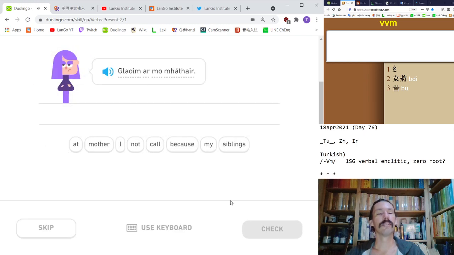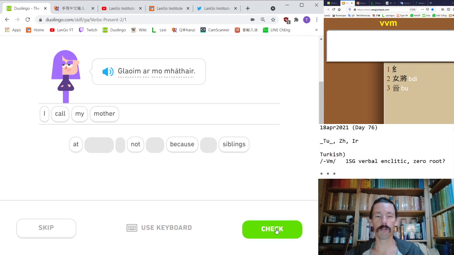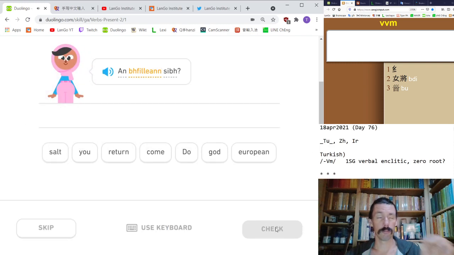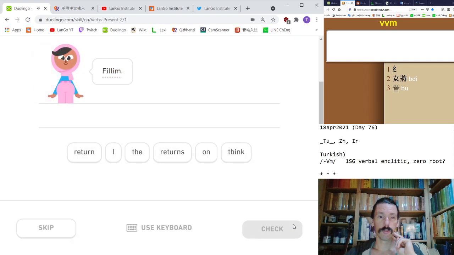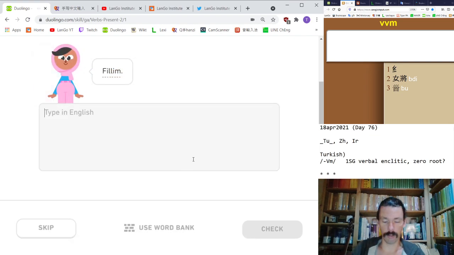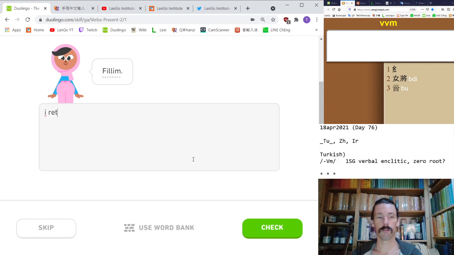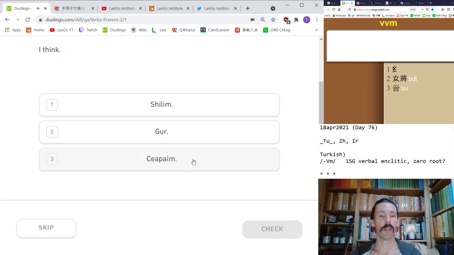Gleam mo. Gleam, I call on my mother. Mawahir, the mutated M. An Fillion siv. Villian shiv. So mutated, you could say by the preceding word. Question particle. And that one was returning. Shiv, you plural. Do you return? Filium, I return. I think capum.